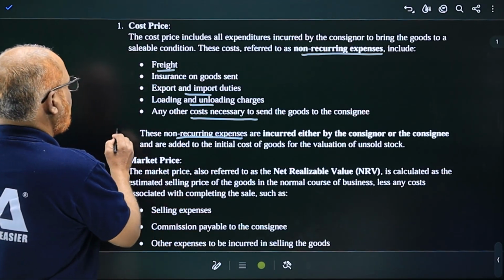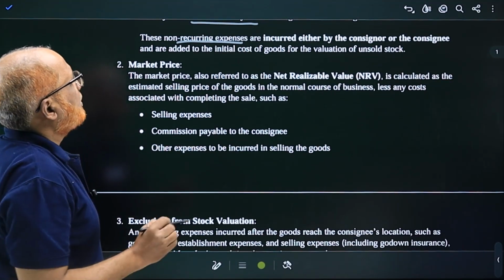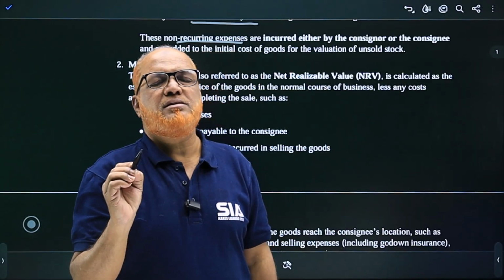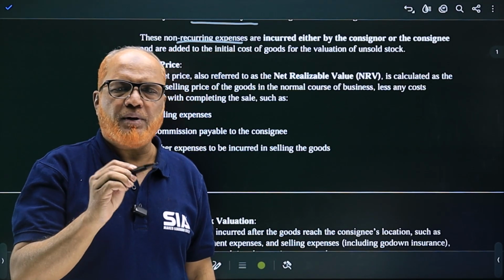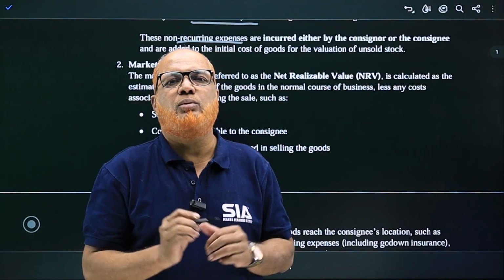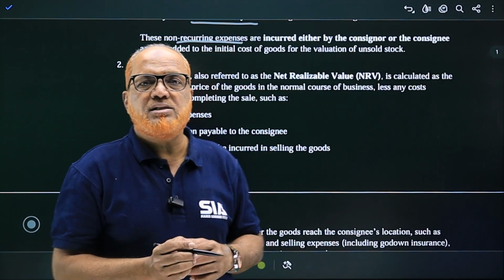Now, market price. I told you that the accounting principle is whether the cost price or net realizable value, whichever is less should be taken. So what is net realizable value?